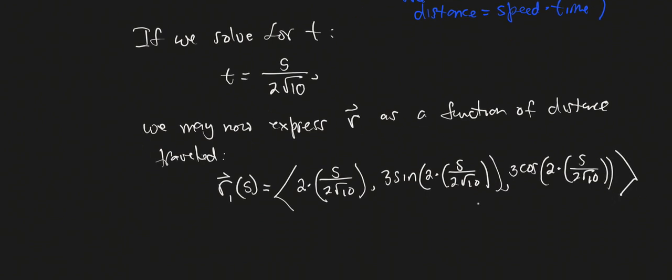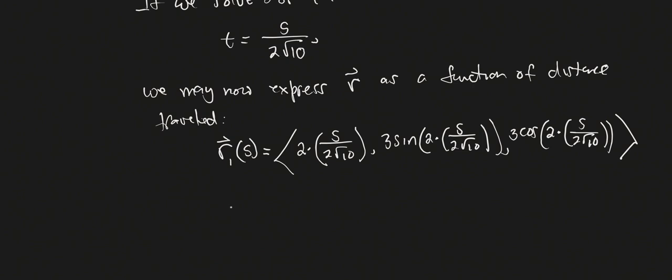Right? So here we have re-parameterized our position function, where now we know our position as a function of distance. So let's simplify. Basically, how everything simplifies is that these twos all go away, and we end up with this.